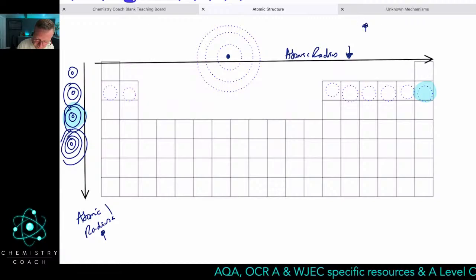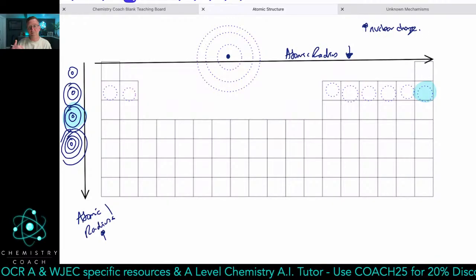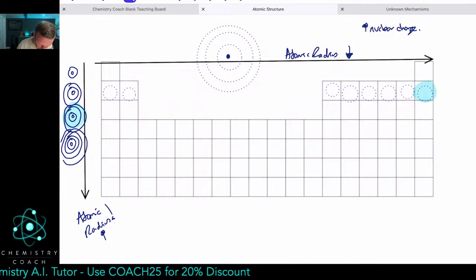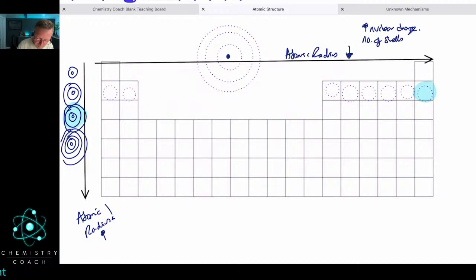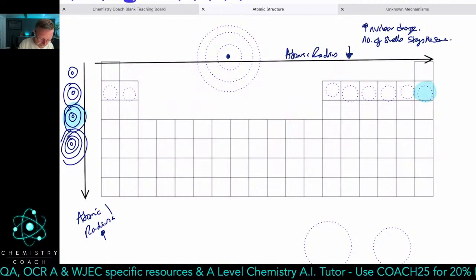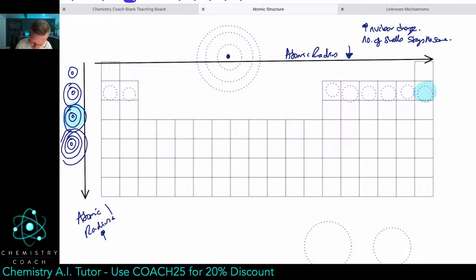That's because we have an increase in nuclear charge, because every time we add an electron, we're adding a proton as well. So the charge on the nucleus increases, but the number of shells, or energy levels, stays the same. So let's say we have two elements side by side, say carbon and nitrogen.